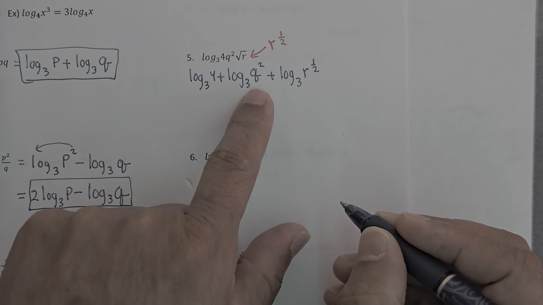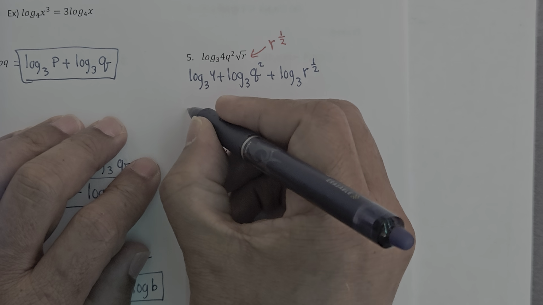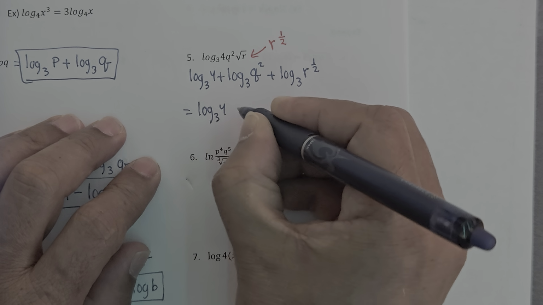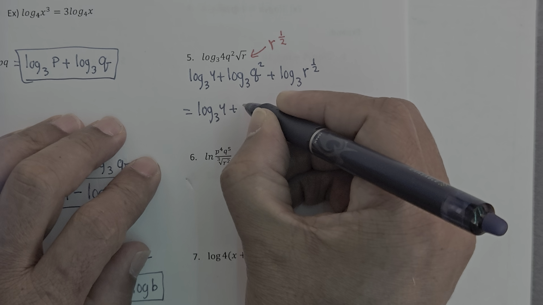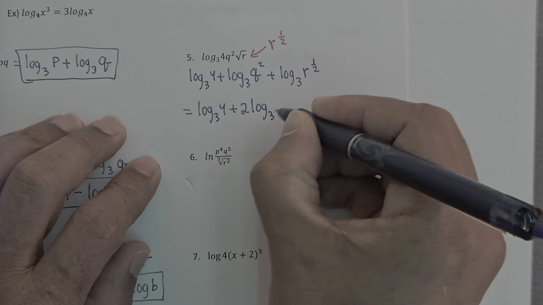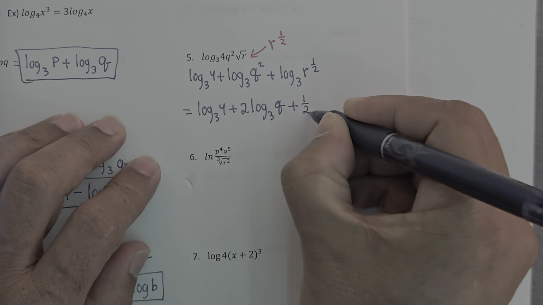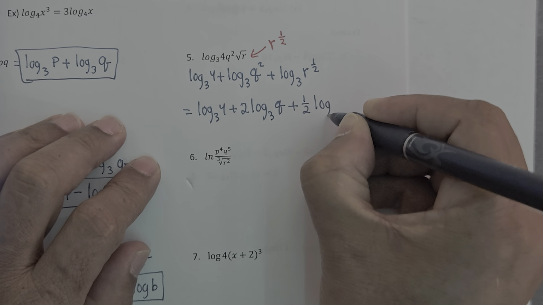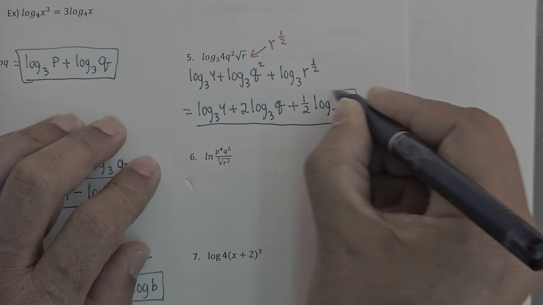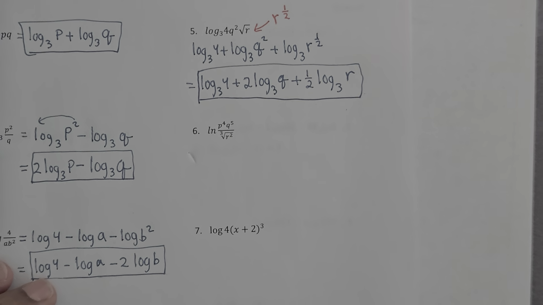Now I'm going to apply the power property to this one and to this one. Expanding this further, we have log base 3 of 4 plus, applying the power property, 2 log base 3 of q plus 1/2 log base 3 of r. And this is that log expanded, or the expansion of that log. So let's go on to the next example.